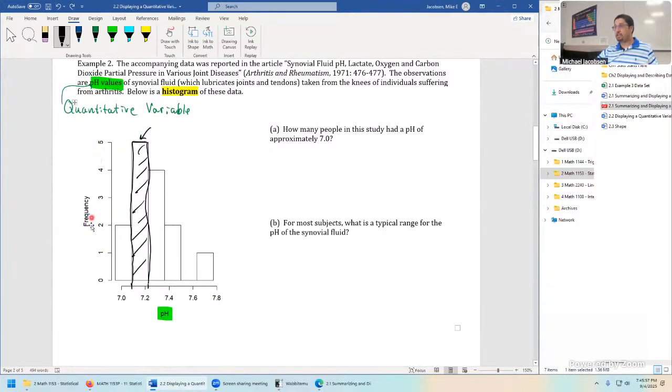We have frequency. This is the number of people, individuals, or objects, if they are objects, in the sample.